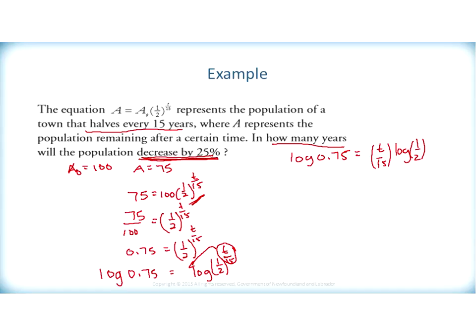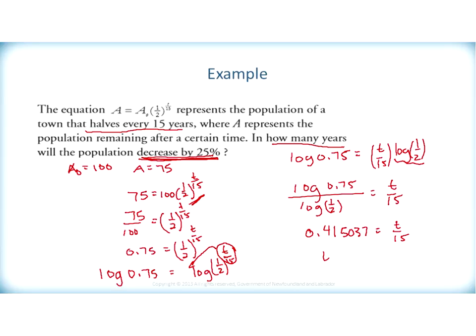And so now we're going to move the log of 1/2 to the other side to help solve for t. It's log of 0.75 divided by log of 1/2 equals t over 15. This will give us 0.415037 and so on equals t over 15.